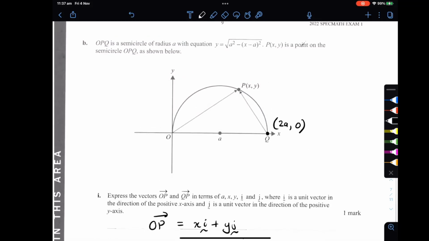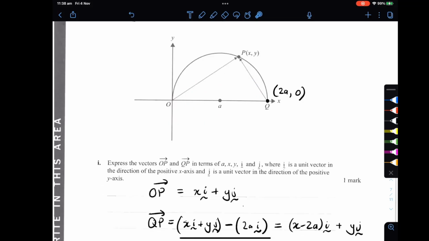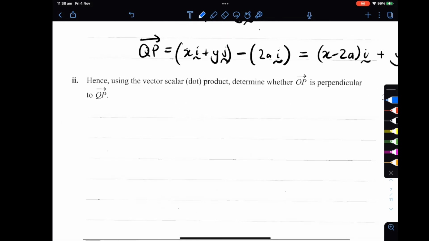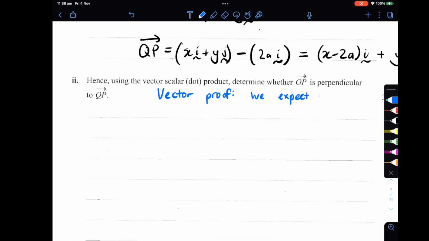Now, an important thing to note is if they're a semicircle, we actually expect that they will be perpendicular. So this is a vector proof question. We expect these to be perpendicular.